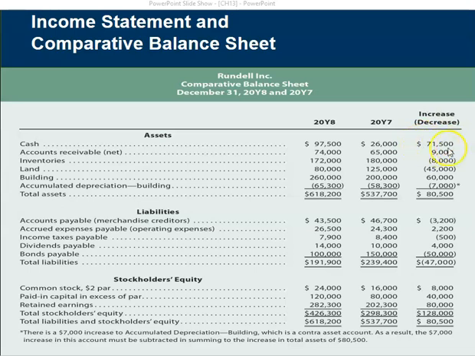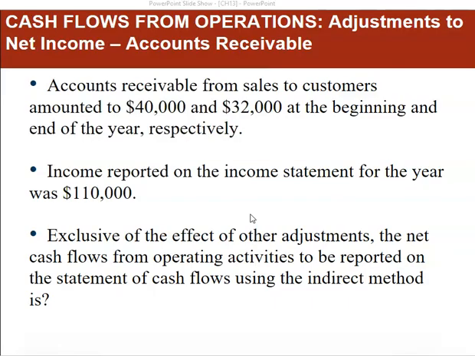That's what we're going to get to the bottom of with the statement of cash flows. We know that cash went up by 71.5, but we don't know how just yet. Now, we've got some clues right here, but we're not going to get into a detailed discussion of all of these items. We're going to look at some basic items and focus on the pluses and minuses, again using that net income as our starting point.